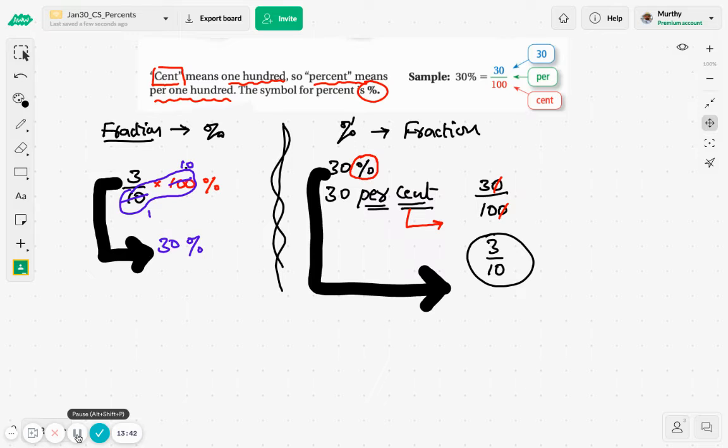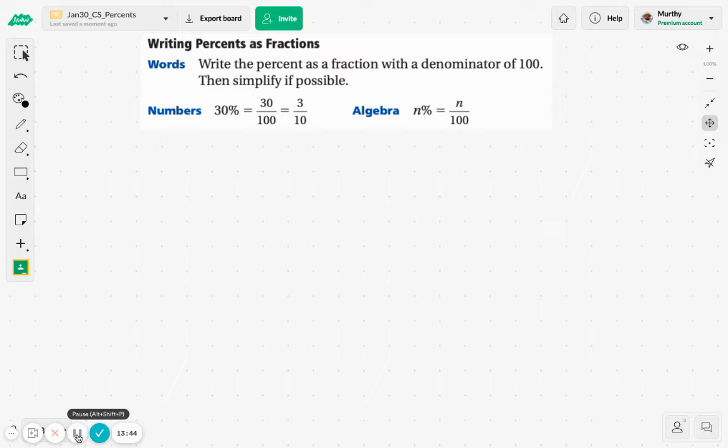Let's go to the next page. Here the same example is given. If a percentage is given, how to get the fraction? Simply write the number 30 and take the denominator as 100. That's it.